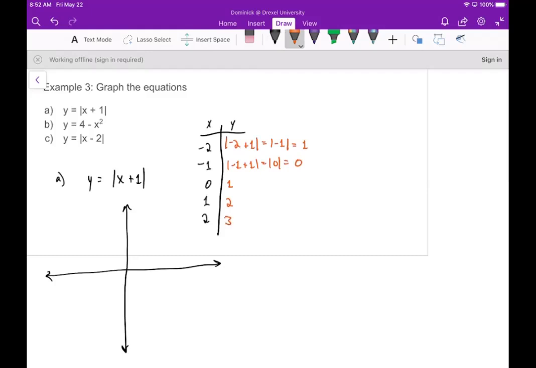All right. Now, what do all these things tell us here? For example, this tells us that (-2, 1) is a point on the graph. This tells you at -1, 0 is a point, (0, 1), (1, 2), and (2, 3). So now we can plot this.